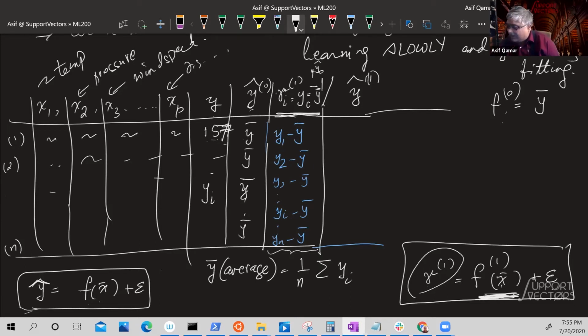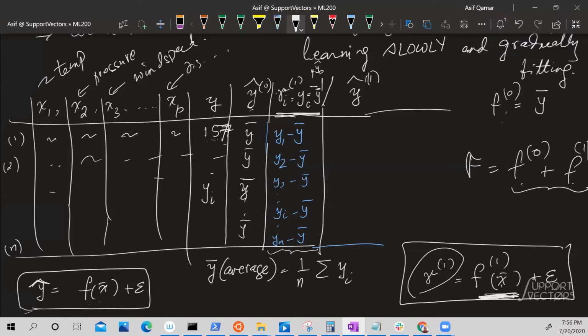The effective model, let me call it capital F, is the initial thermometer, the F0 plus F1, isn't it? Between these two, the first one will make some prediction and the second one will sort of compensate for the errors that the first one is making. Are we getting the idea, guys?